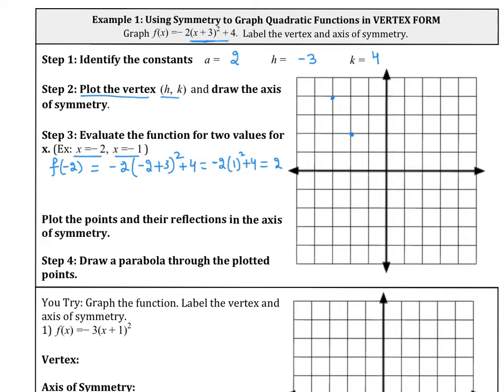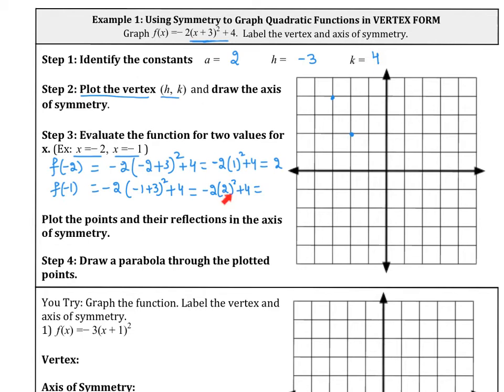Now we are going to use negative 1 for the x value and plug it in the given equation. So f(negative 1) is negative 2 times (negative 1 plus 3) squared plus 4, and negative 2 times 2 squared plus 4.